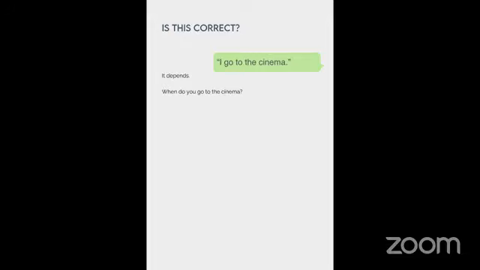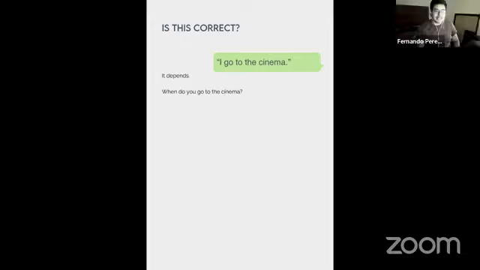So that's precisely the utility of matching time expressions with auxiliaries. This sounds incomplete because we don't have a time expression.